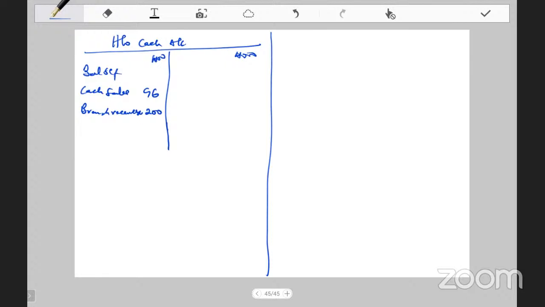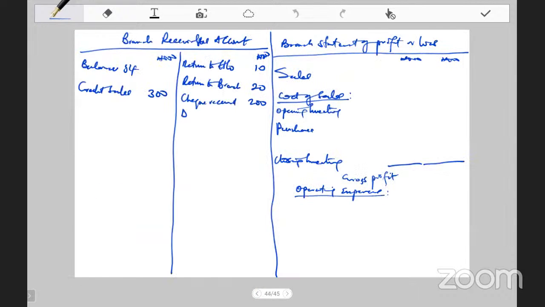Next, I have cash discount. The value of my discount is 10. Then I have bad debt. My bad debt is 8. I take those straight into the statement of profit or loss. Next, I have expenses paid by head office.